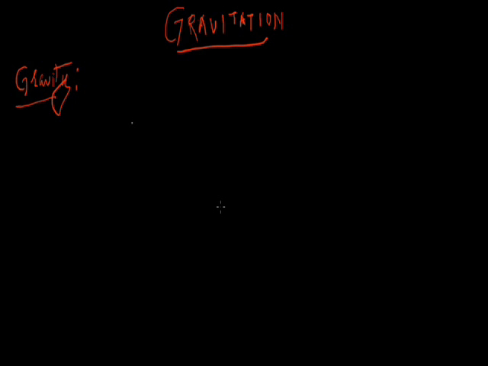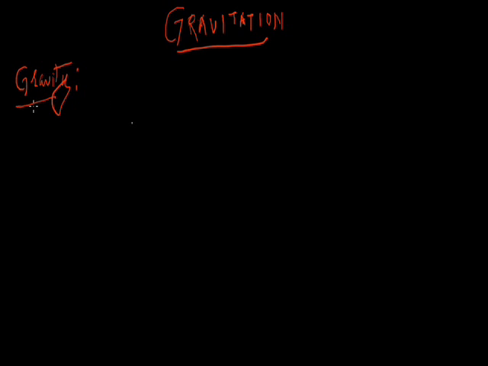So, continuing our topic, it is clear that gravity is a special case of the gravitational force. If this is a force, then it is confirmed that it has some acceleration. That acceleration will be known as acceleration due to gravity, and it will be denoted by g only.